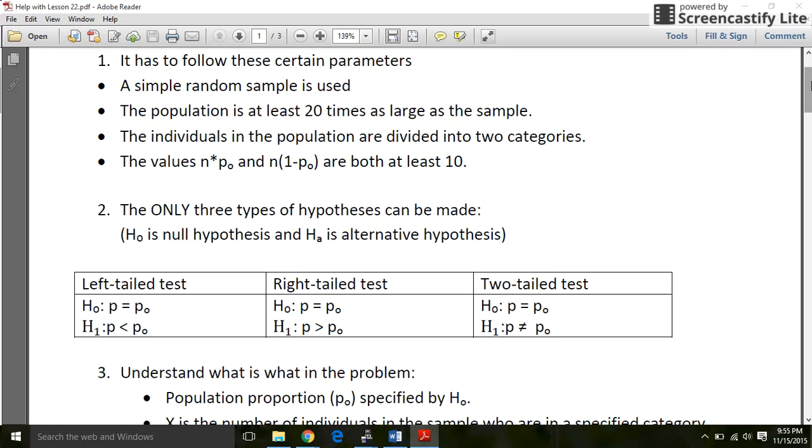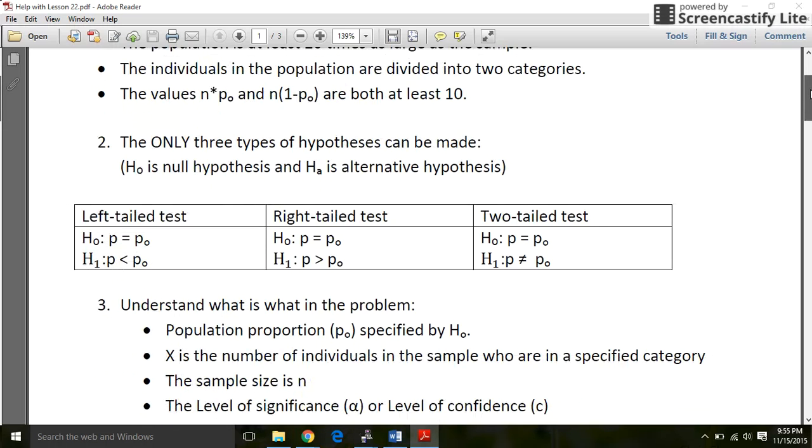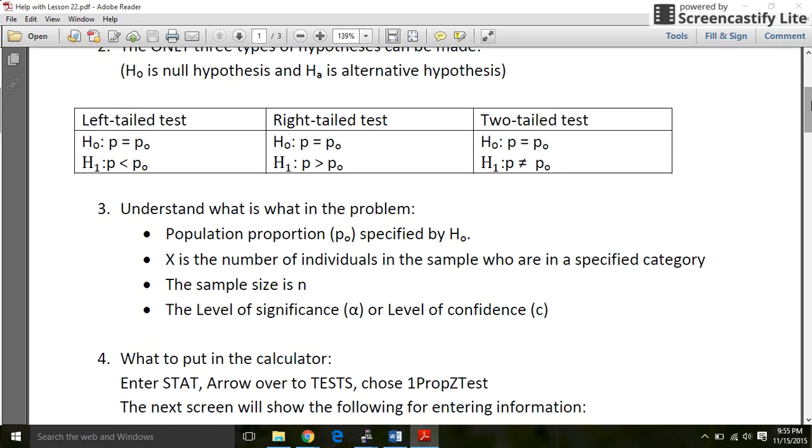Again, if it's a left-tailed test or less than, use the less than symbol on the alternative. If it's a right tail, it's a greater, and you use that in the alternative. And if it's a two-tailed, it means it's not equal to it. So let's understand what the problem's looking for.